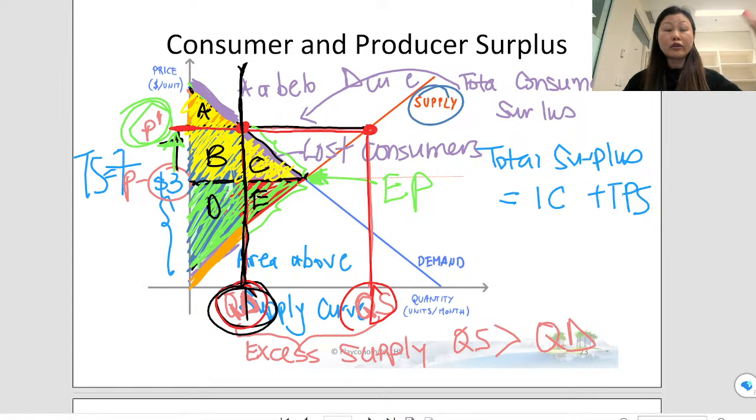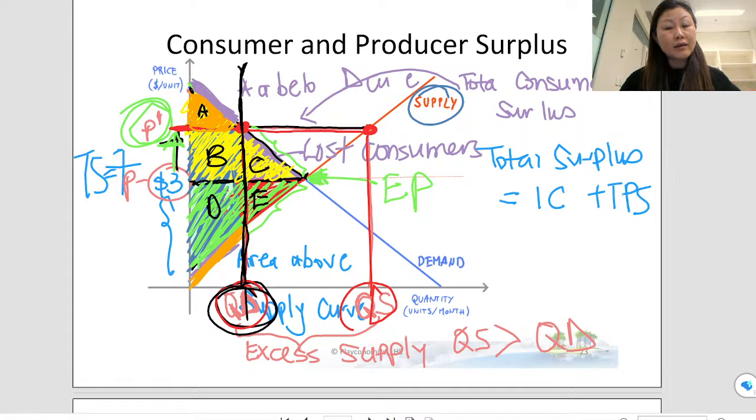Whereas when we increase our price, the consumer surplus is now the area below the demand curve and above the price, shaded here in orange. So instead of it being area A, B, and C, now the consumer surplus has shrunk to area A. The producer surplus, on the other hand, when price has increased, they are willing to sell at this higher price.